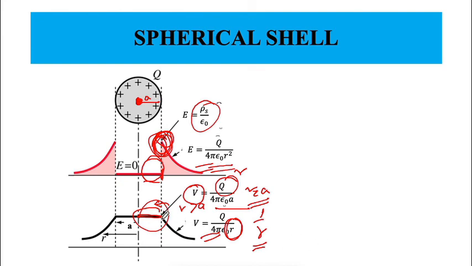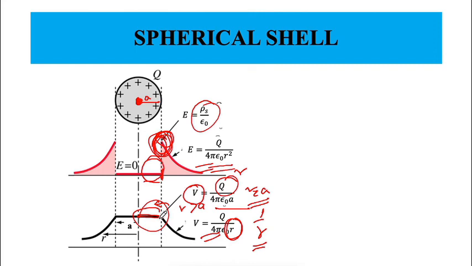Now inside the cell, do you have to do any additional work to move the charge? The answer is no. Why? Because there is no electric field inside the cell. Therefore you do not have to do any additional work to move a charge once you have brought it to the surface.